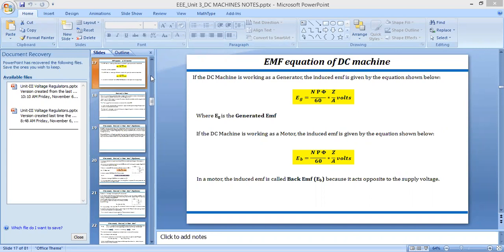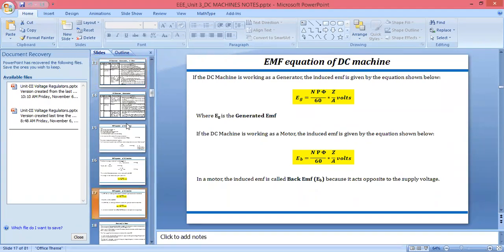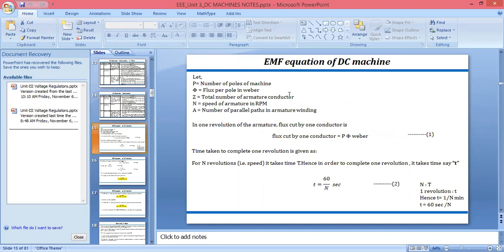Z, P, phi are the terms used in the DC machine's construction. When making a DC generator or a DC motor, the construction is similar.